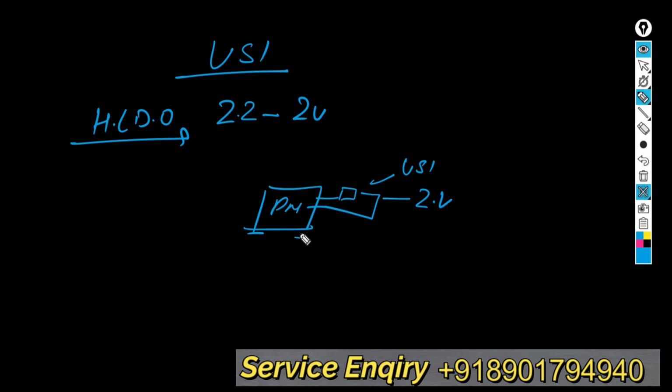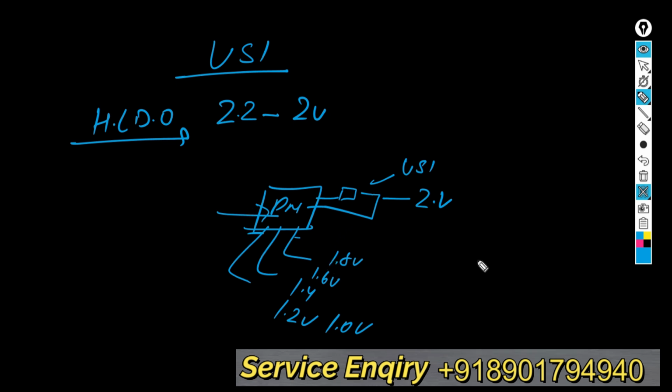After this voltage, the PMU generates many LDOs, like 1.8 volt, 1.6 volt, 1.4 volt, 1.2 volt, 1.0 volt. All the LDOs are generated with the help of this. Now a question comes, why this LDO? Why not generate all these voltages from VPH directly in the PMU?